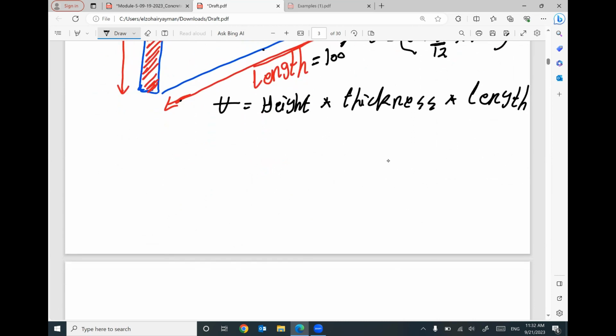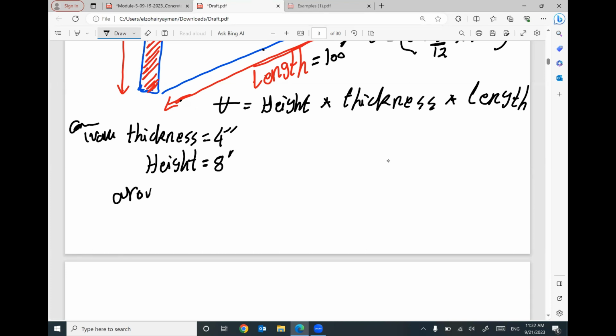Sometimes I will say, hey, I would like to construct a wall with thickness equal 4-inch concrete wall, with height equal 8 feet around the shown property area.